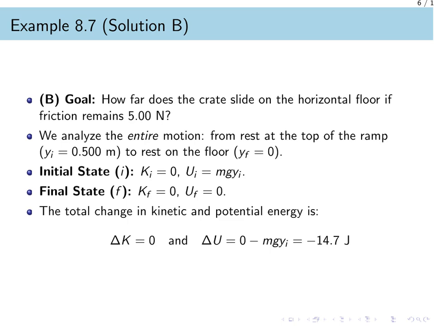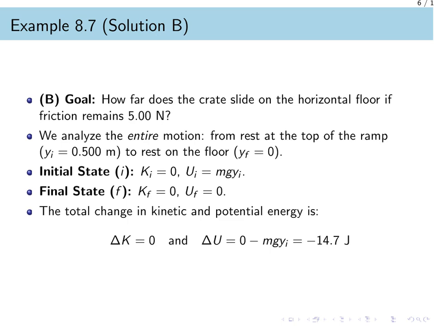We will set our initial state as the crate at rest at the top of the ramp, and our final state as the crate at rest on the floor. In this new analysis, the initial kinetic energy K initial is 0, and the final kinetic energy K final is also 0, because the crate starts and ends at rest. Therefore, the total change in kinetic energy, delta K, is 0.